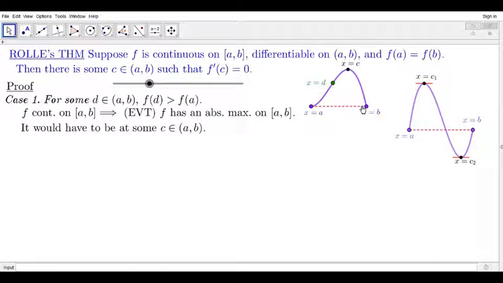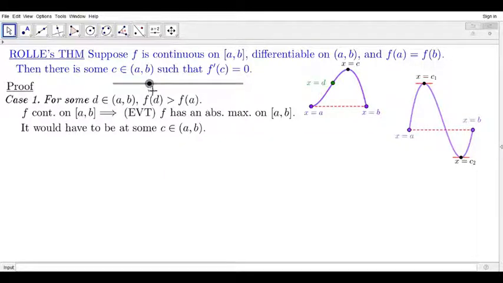So in this case, the absolute maximum could potentially occur at a and b. However, that ship has sailed. The absolute maximum cannot be at a and b because there is some other point on the graph which is higher than the points at a and b. So therefore, the absolute maximum would have to be at some number c which is strictly between a and b.